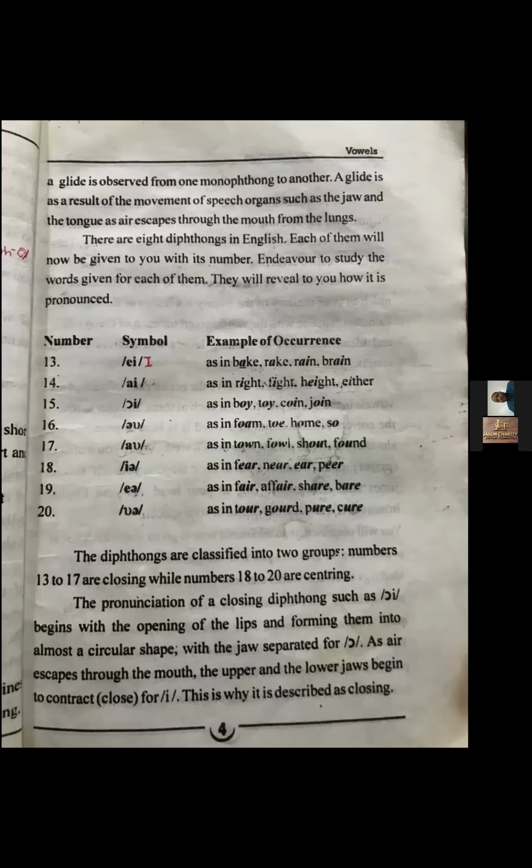Okay, so it is pronounced ear, and examples of words with this sound include fear, near, here, and peer.